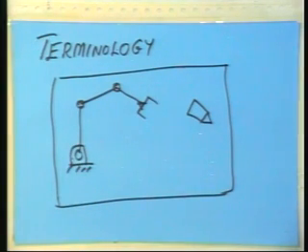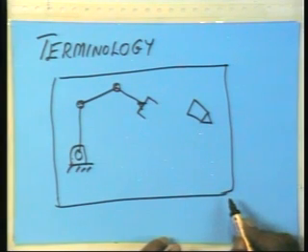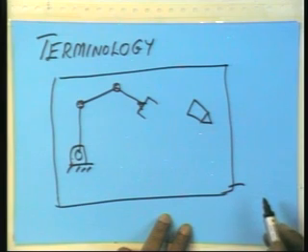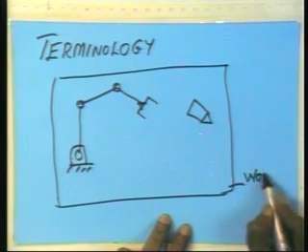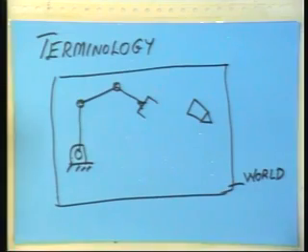We call this the world of the robot. It's a table only. All the things the robot wants are there: the objects it has to pick up, the tasks it has to do. So that's the world of the robot.